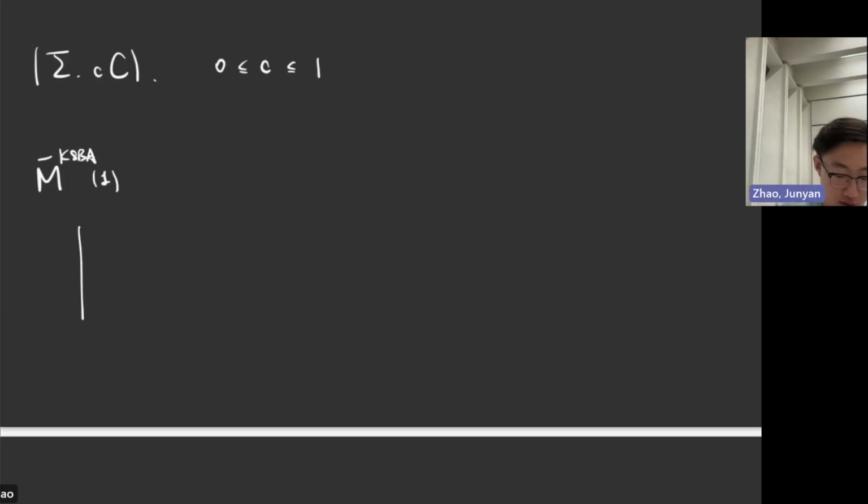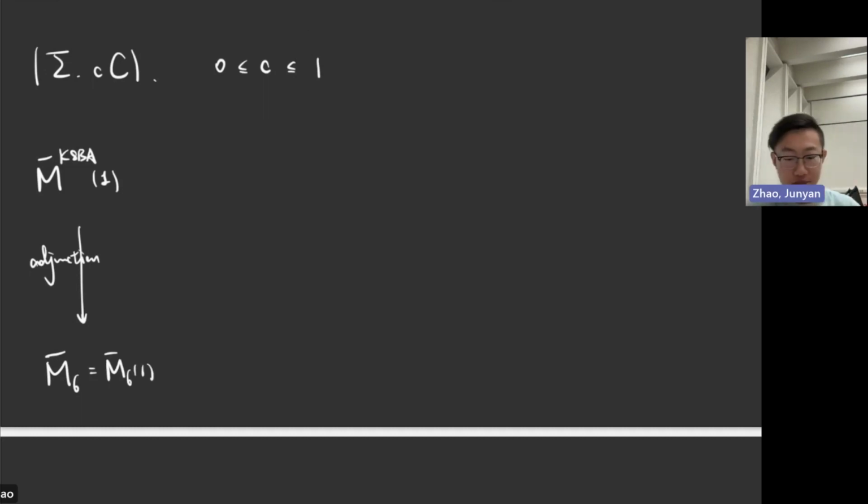And by adjunction, it will have a morphism to M6 bar, the moduli of genus 6 Deligne-Mumford stable curves, which is also M6 bar(1), the Hassett-Keel model. And on the left-hand side, you have this K-moduli when c is equal to epsilon. Actually, if you take c equal to 0, then you only have the surface, which is a point. So if you want, you can consider the case when c is epsilon, but this is trivially a point.